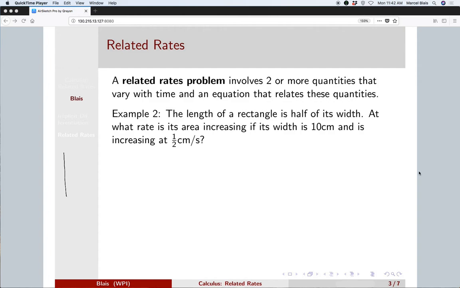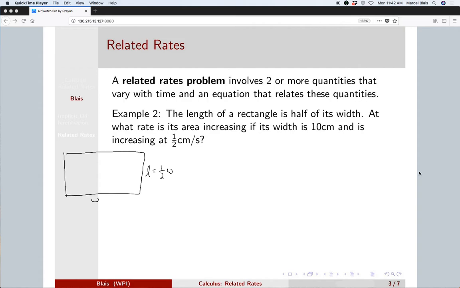And in this case, we have a rectangle where its length is half of its width. So if this is its width, then its length is half of that. So we have length and width.